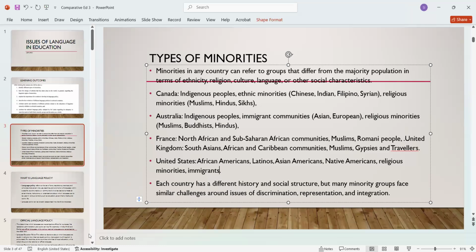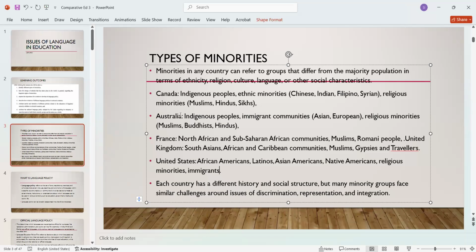So each country has a different history and social structure, but many minority groups face similar challenges around issues of discrimination, right? Even this word is very familiar to us. Similar challenges around issues of discrimination, representation, and integration.